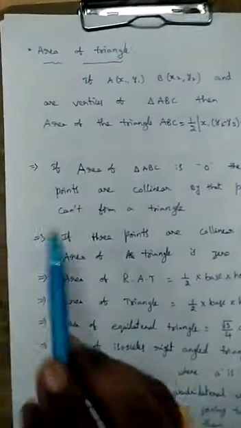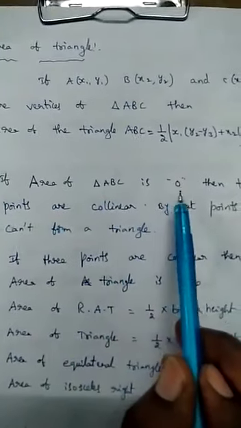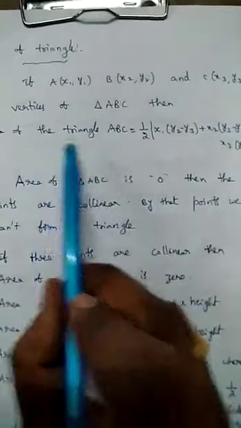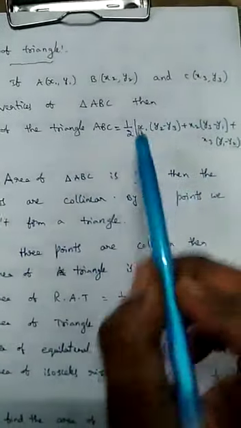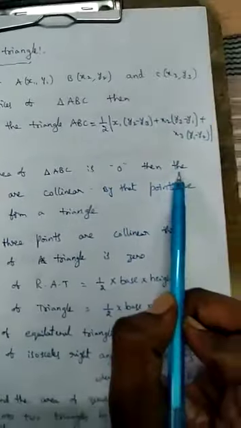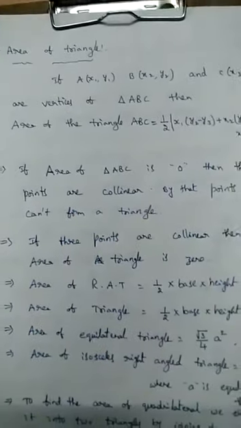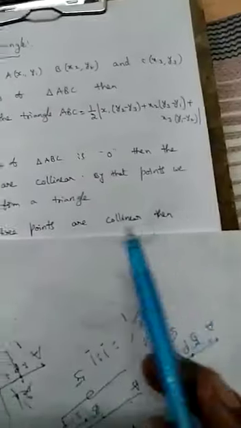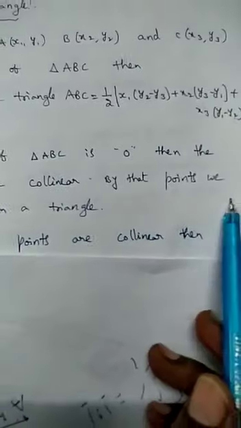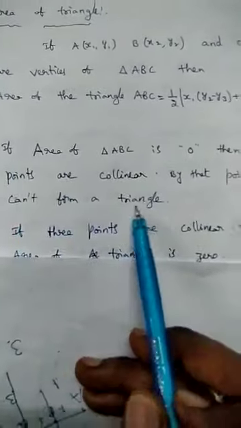Okay, clear? So if the area of triangle ABC is 0, that is, if in this calculation we get the result equal to 0, then the points are collinear. So by those points we cannot form a triangle.